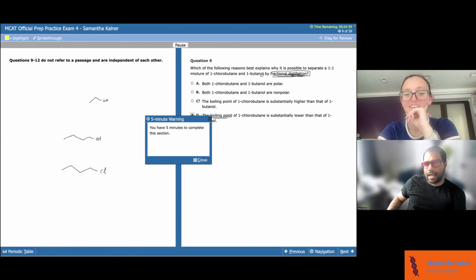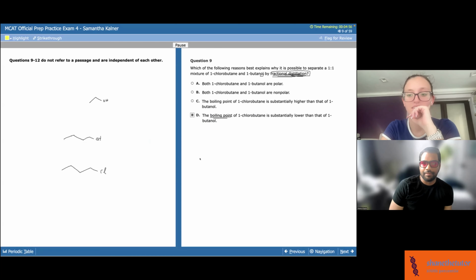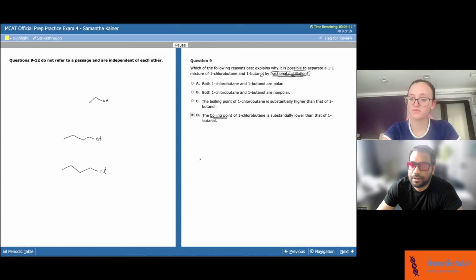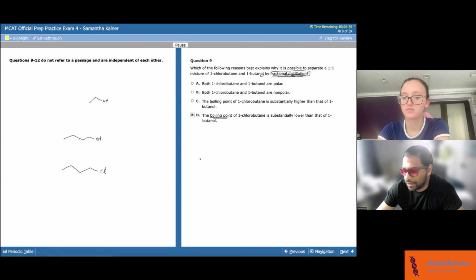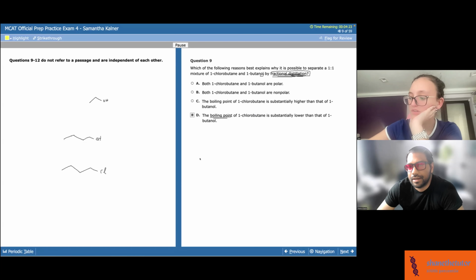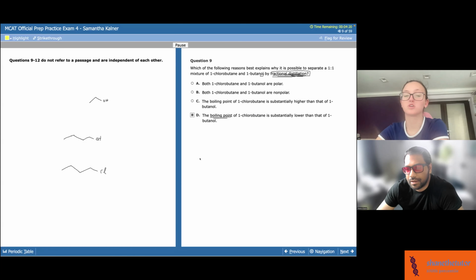What would make something polar? You could have full charges, but for polar substances, partial charges, right? Partial positive. So partial charges are associated with polarity. Exactly.